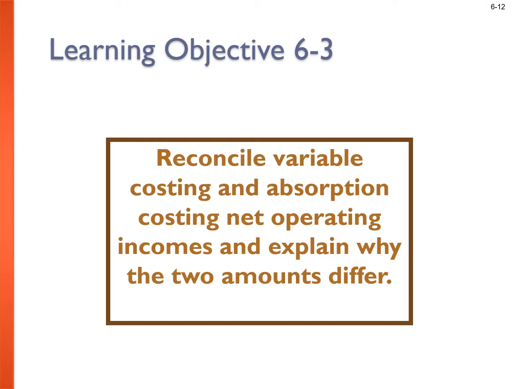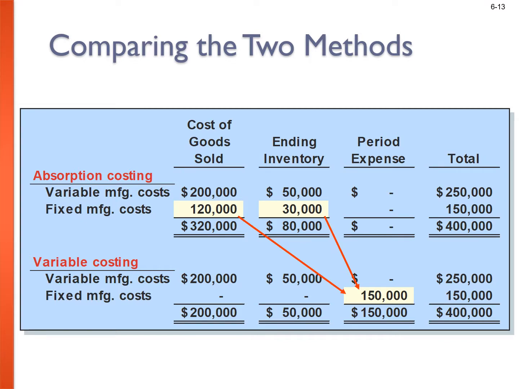So let's take a look. Here's a comparison of the two methods. Again, under absorption costing, cost of goods sold would include $120,000 of fixed manufacturing overhead. Ending inventory would have $30,000 in it. Where under variable costing, that $150,000 would have been expensed as a period cost.